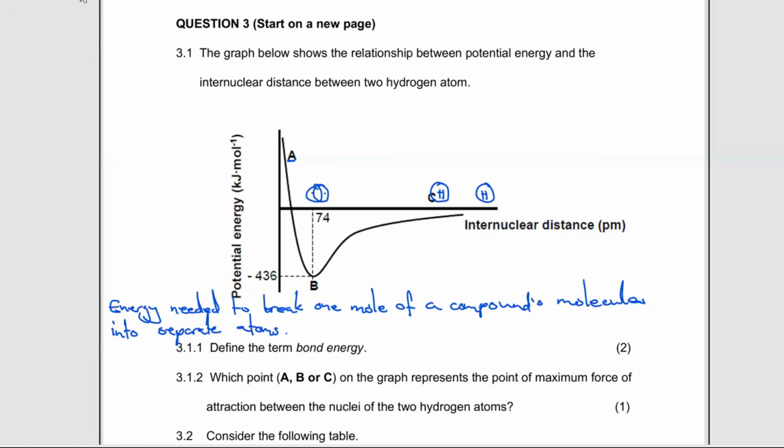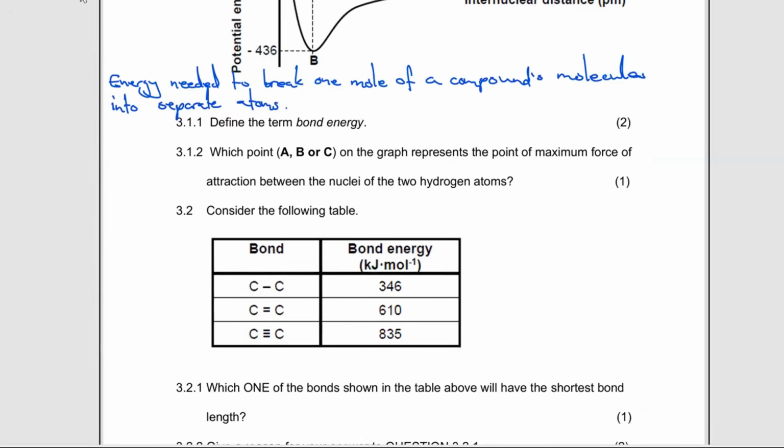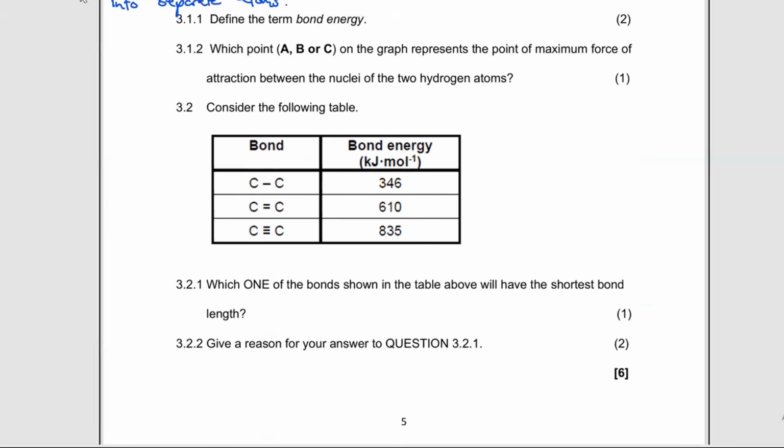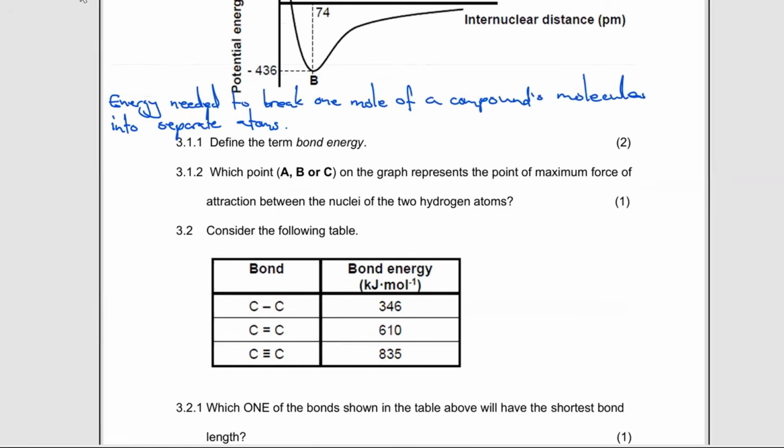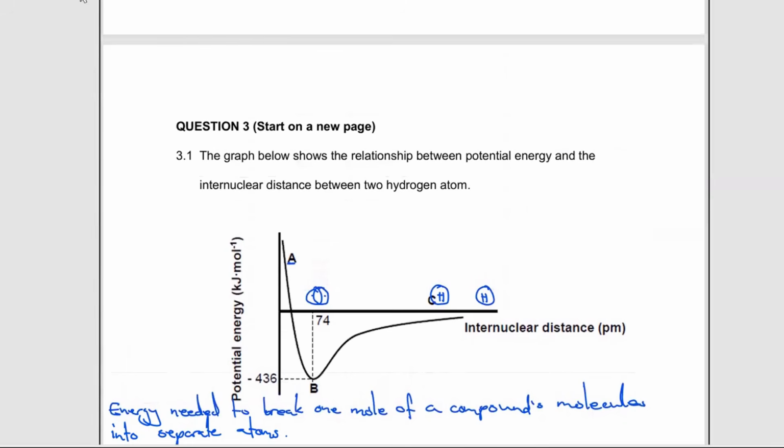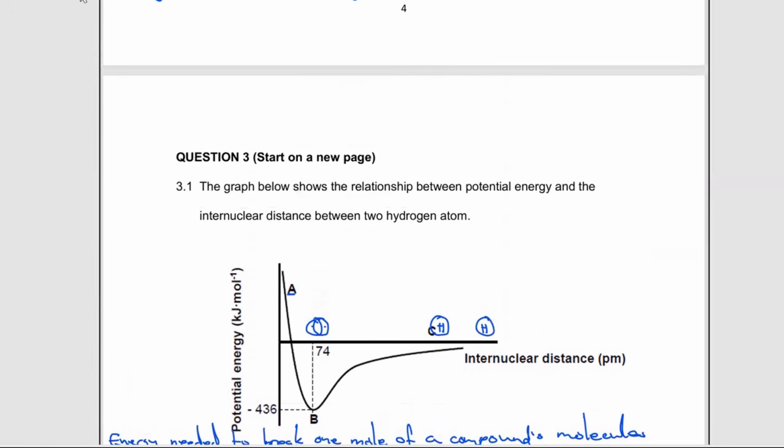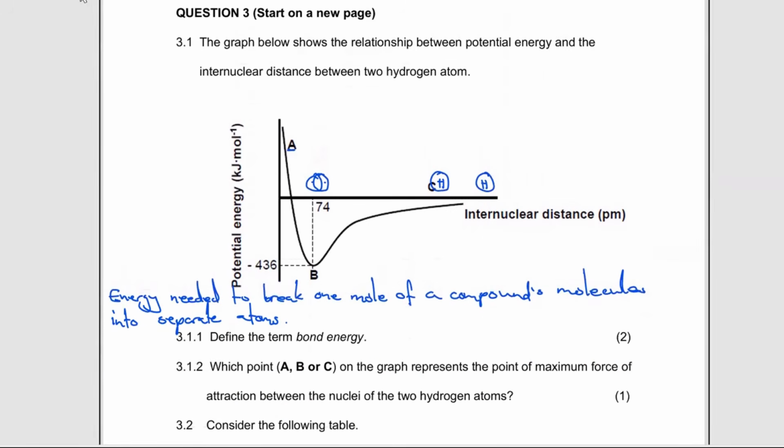Then we proceed to question 3.1.2, which says: which point, A, B, or C, on the graph represents the point of maximum force of attraction between the nuclei of the two hydrogen atoms? Our correct answer is point B, maximum force of attraction.